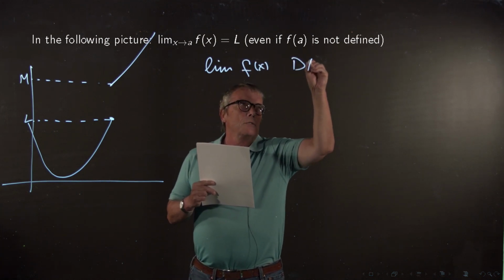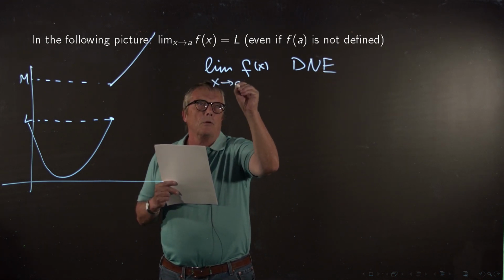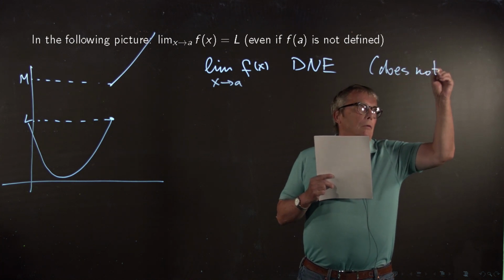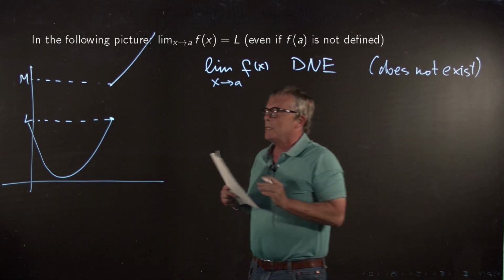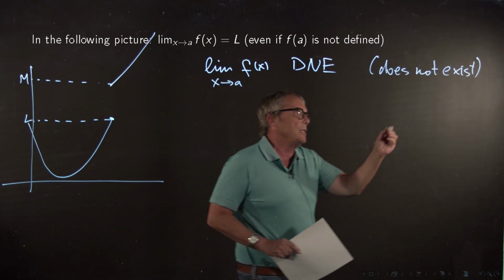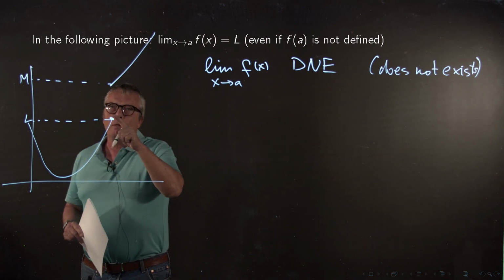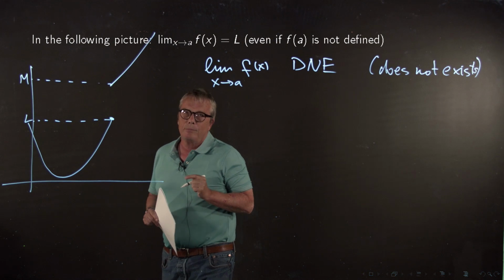I write: the limit as x goes to a does not exist. And the reason it does not exist, there's not one, I forgot the s here, there is no one single number which is the limit.